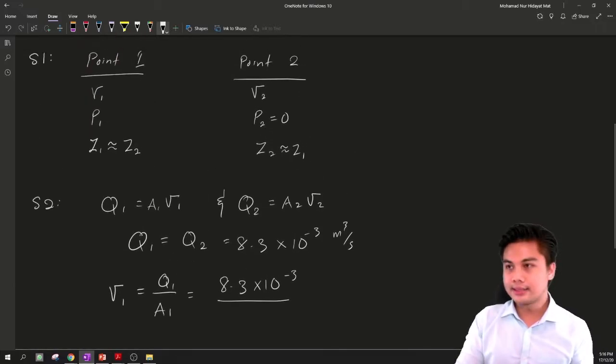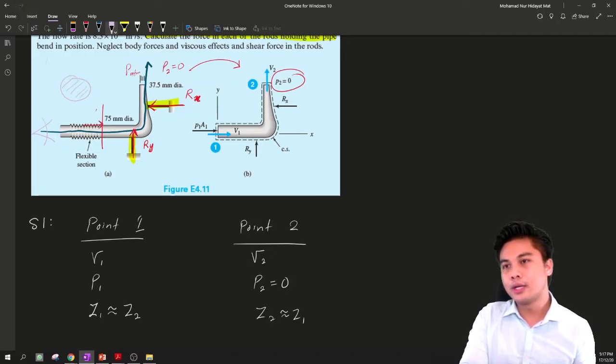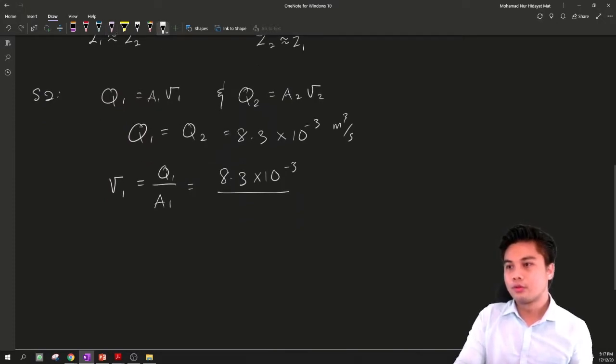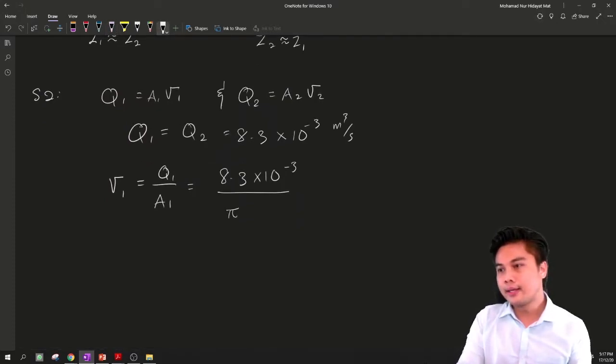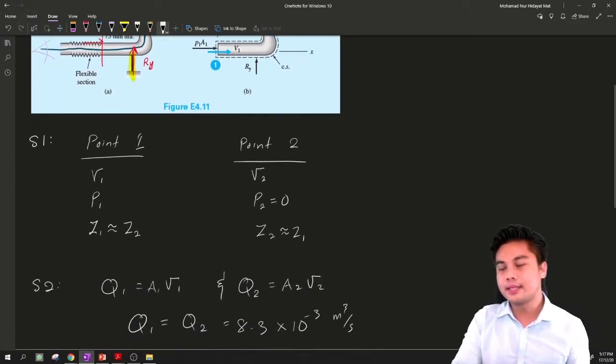which, when we look here, is a circular shape. So apply the area formula: area equal to pi d squared over 4. The diameter given here is 75 millimeters.